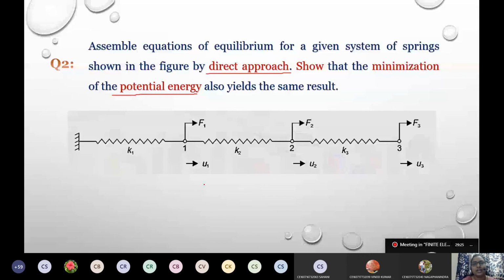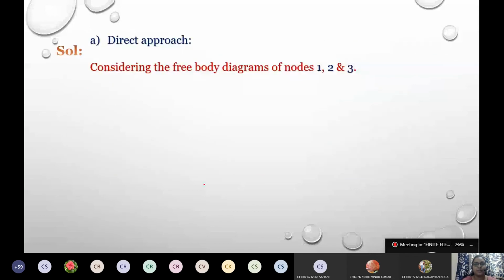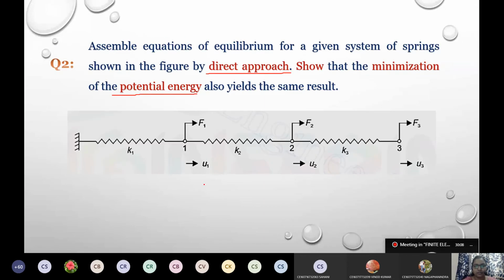I clearly said, constructing the stiffness matrix for the given problem is the direct approach that we have seen. All right. So for the spring problem, to construct the stiffness matrix, we have to go for the free body diagrams for all the three nodes. Do we have three nodes here?